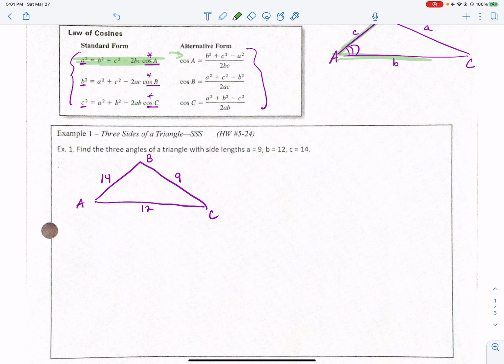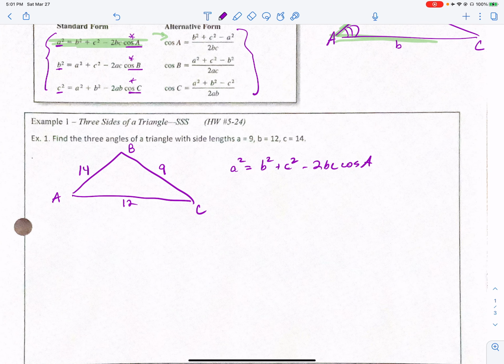So I have A squared is equal to B squared plus C squared minus 2BC, it's that product there, and the cosine of A. So A squared is going to be 9 squared, B squared's 12 squared, and C squared's 14 squared.